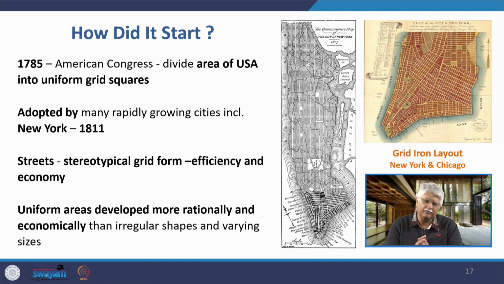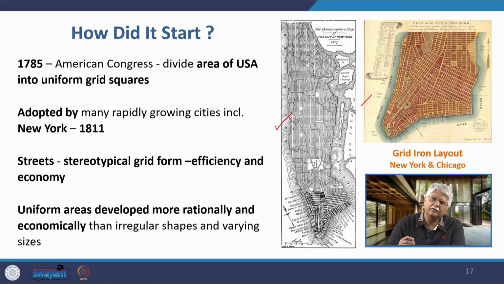In 1785, the American Congress divided the area of the United States of America into uniform grid squares. So you find this uniform grid layout in New York, you find that in Chicago. And this was adopted by many rapidly growing cities, including New York in 1811.